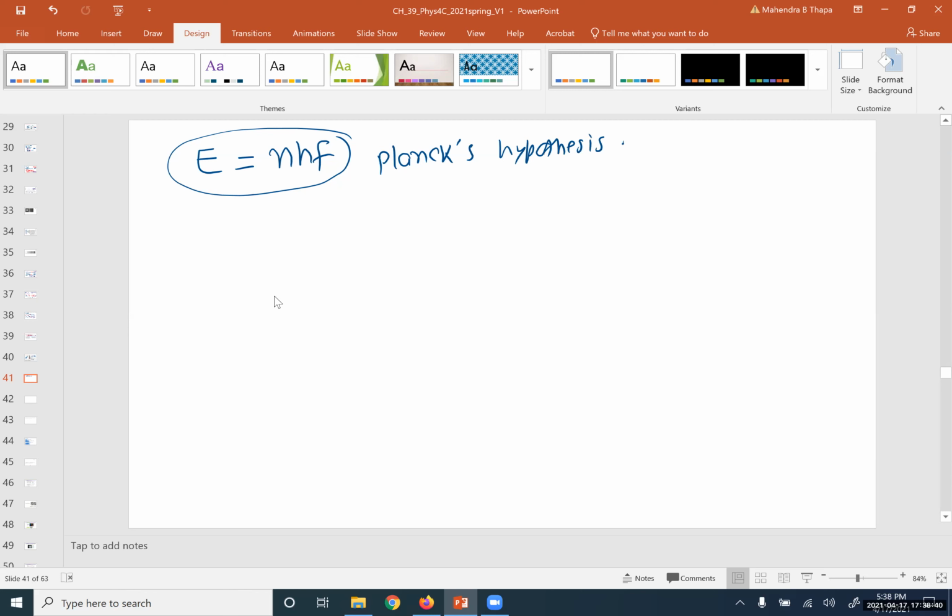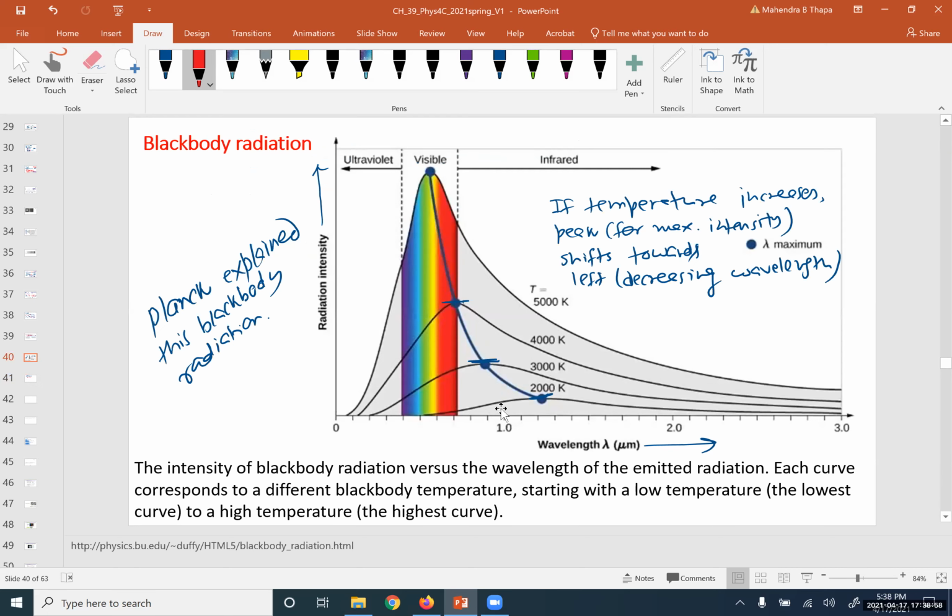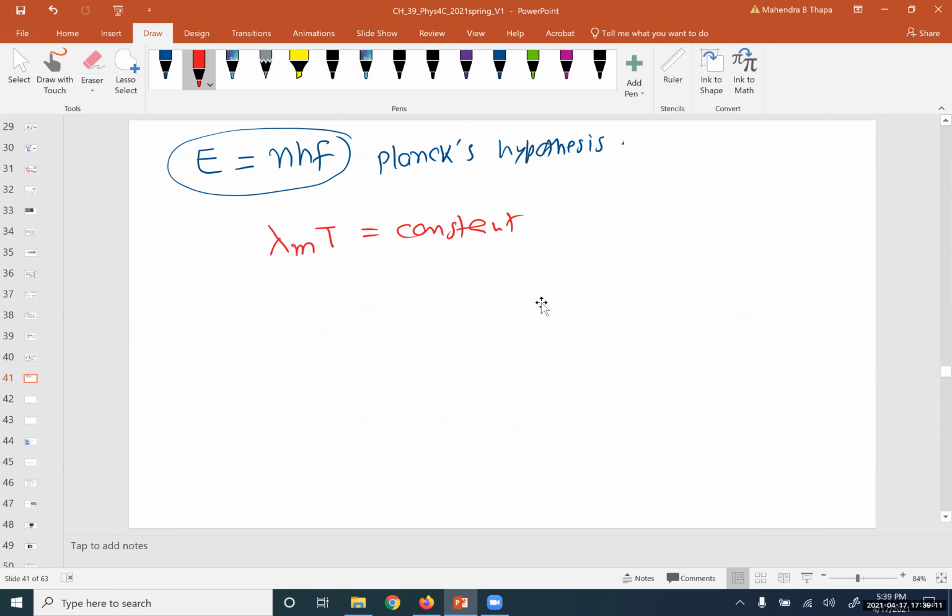Once we use this concept, we find the result that lambda maximum times T is always constant. In the plot, the product of this lambda and this T, and similarly this lambda and this T, will always be the same.